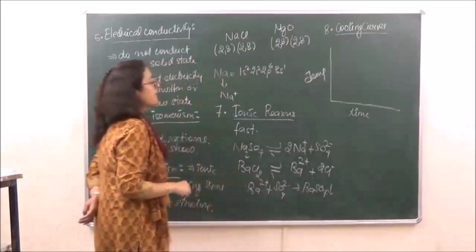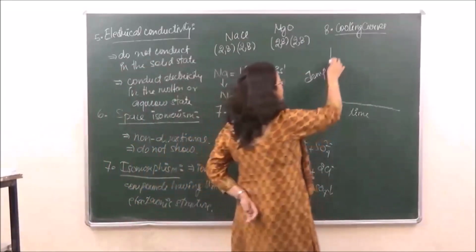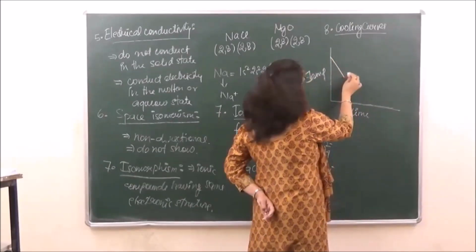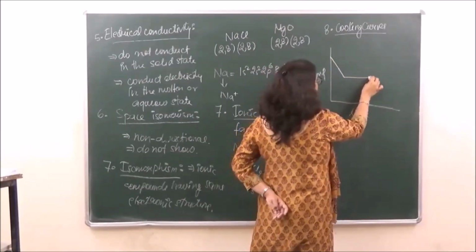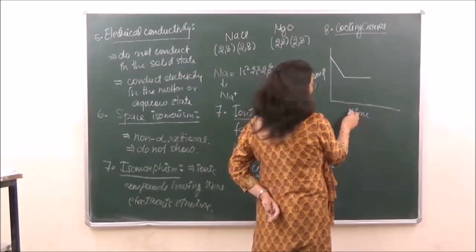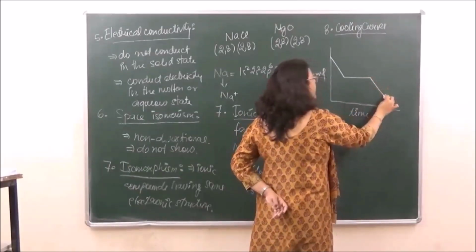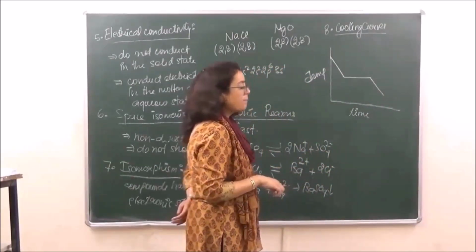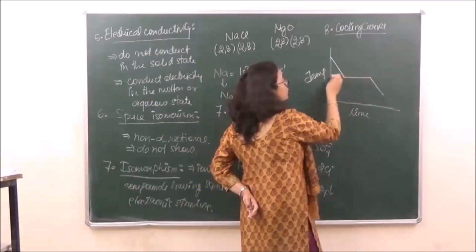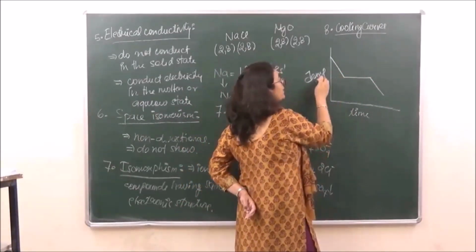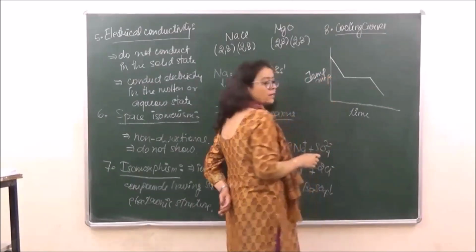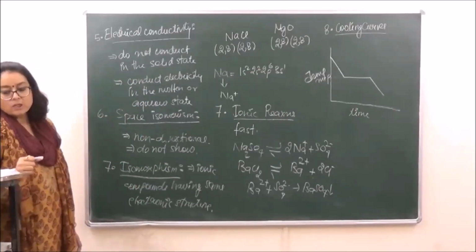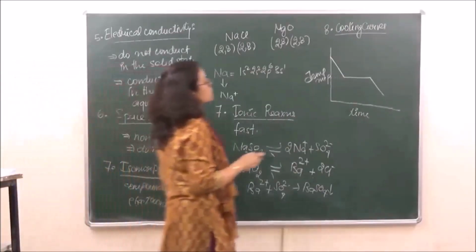As we lower the temperature, with time cooling will start. But at a particular temperature, we observe a straight line for a little period, and then again it can be further frozen down to lower temperature. This temperature at which you see a straight line is the melting point of the electrovalent compound.